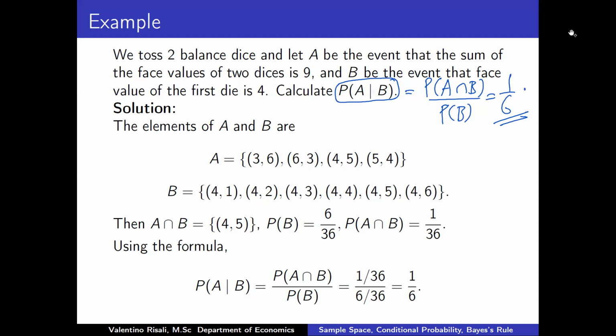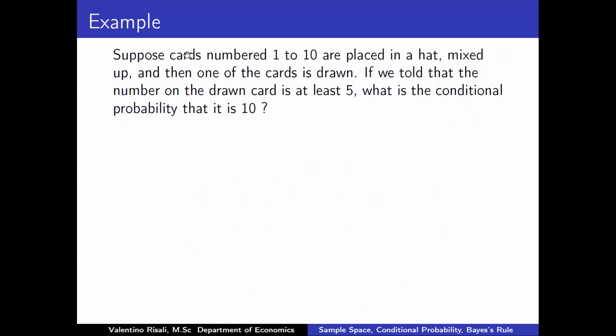Let's move to the next question. In this question, I don't mention what the events A and B are. You must define them by yourself. You can use your time to find the answer. Please.